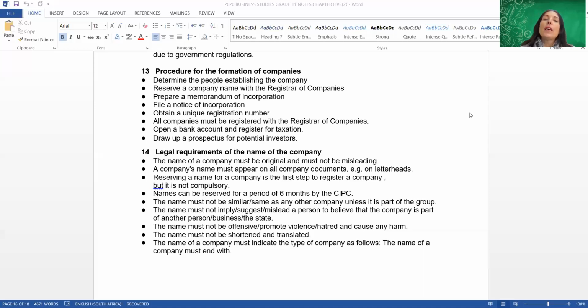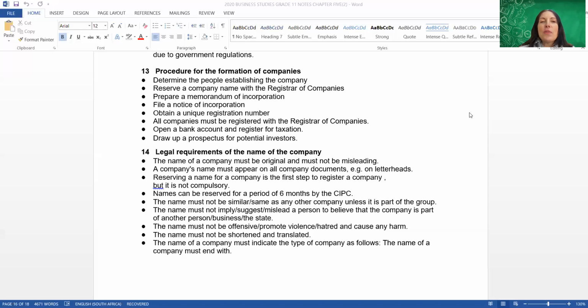But if you go to the CIPC's website, the Companies Intellectual Property Commission website, they actually take you through the steps quite easily, and most of it nowadays can be done online and fairly quickly. So if you've got some time and some data left, it's actually quite interesting to go and have a look at how things are done there. I think it's much easier than a number of years ago.